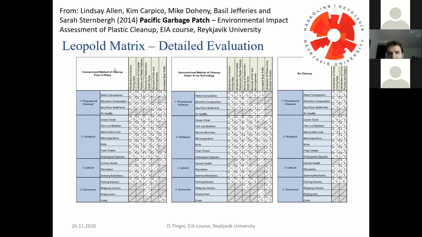And finally, based on their Leopold matrix, they could convincingly argue that the cleanup would create more pollution, at least if you go out there with fossil-driven ships, than if you just leave the garbage in there. And unfortunately, they came up with this conclusion that it's almost impossible to clean up this garbage patch with conventional boats by simply driving out there and collecting the garbage.